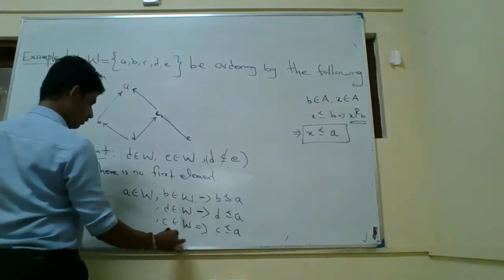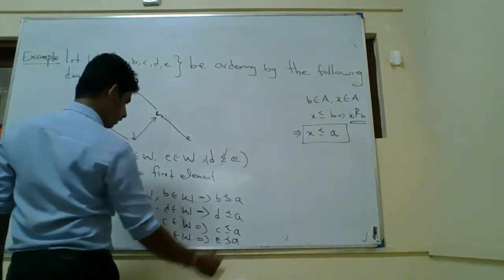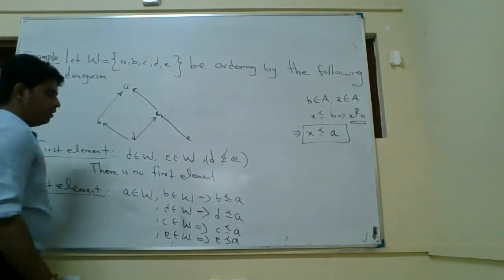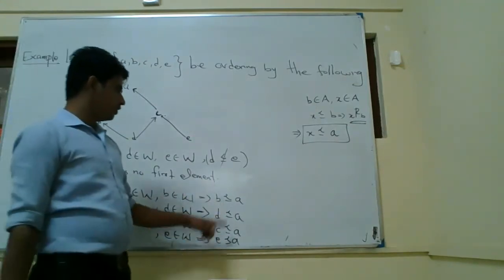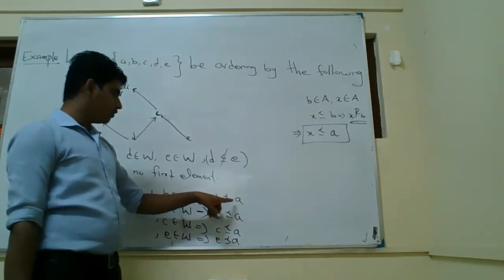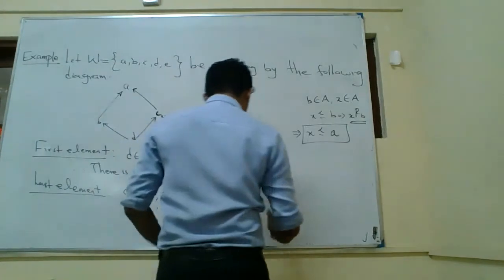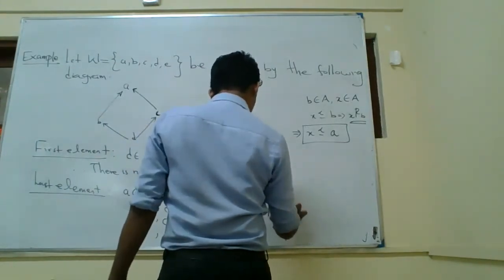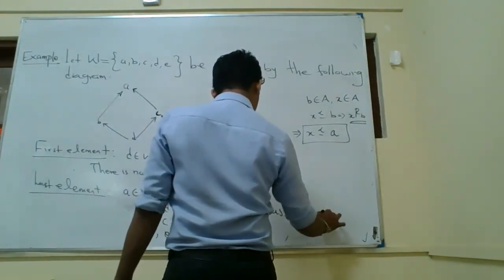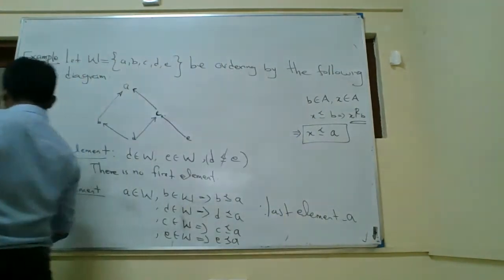E. E belongs to W. Therefore, E dominates A. For these four elements, this condition is satisfied. Therefore, from the definition of the last element, A is your last element.